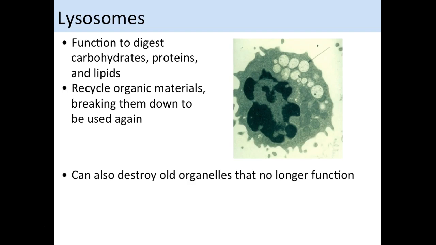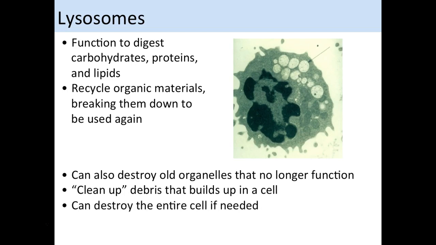Lysosomes can also destroy old organelles that no longer function. They clean up debris that can build up in the cell by breaking them down. Lysosomes also have the capability to destroy an entire cell if needed.